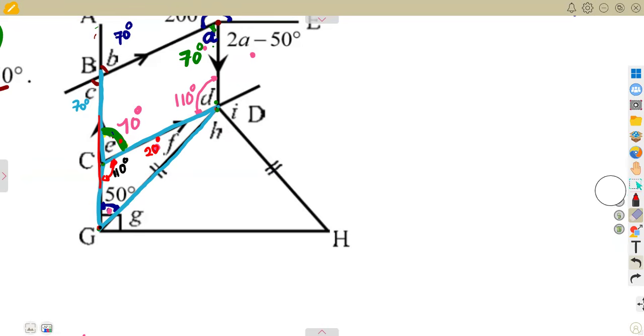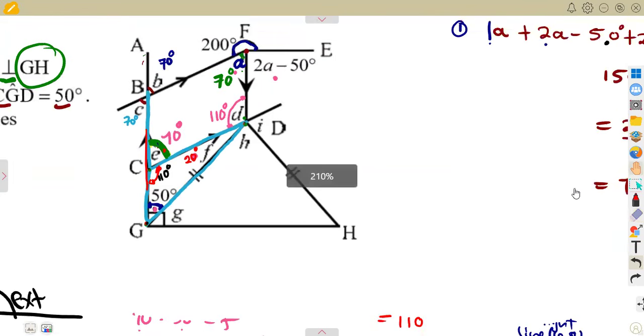All right, how can we calculate angle G? Remember we were told before about this being perpendicular, that's 90 degrees there. And of this 90 degrees, there is a 50 degrees there, which is CGD.